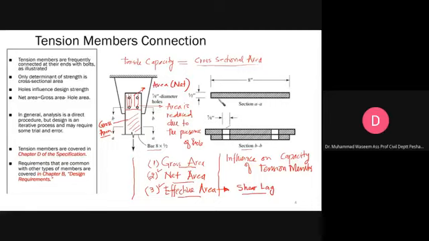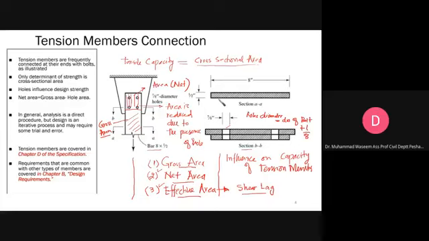Please remember, the hole diameter, when we are designing or analyzing a tension member, should be the diameter of the bolt plus a clearance of 1/8 inch.